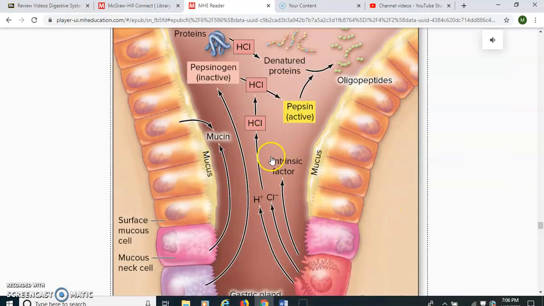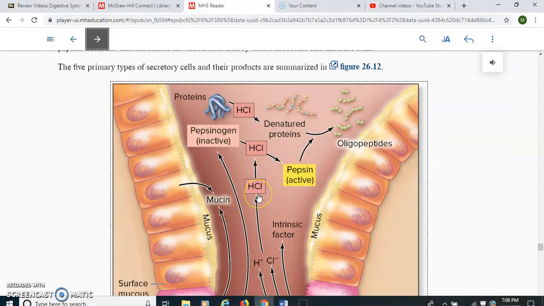When hydrochloric acid is in the lumen, it's there to convert an inactive enzyme called pepsinogen to pepsin, which is the active enzyme. We need hydrochloric acid in the stomach lumen so that this chemical reaction can happen, and the inactive pepsinogen enzyme can be converted to the active pepsin enzyme.